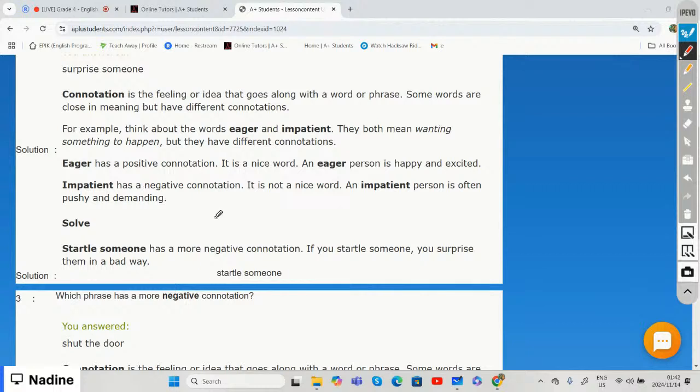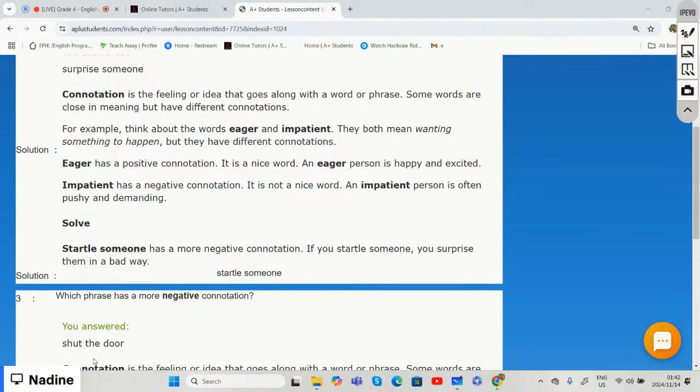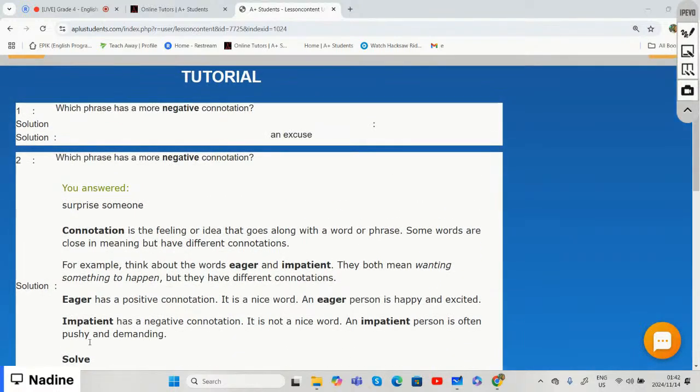All right. So we also need to find the difference between negative and positive connotation, because you'll have words that are the same or almost the same, but one will have more of a negative connotation, or vice versa, more of a positive connotation.